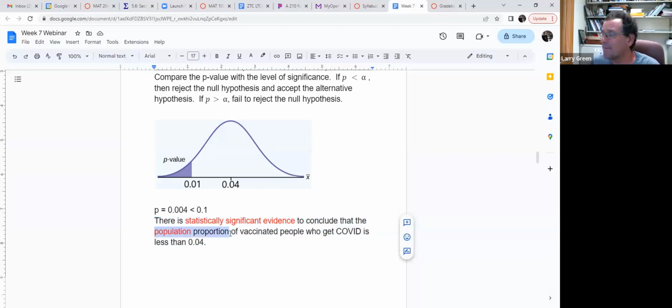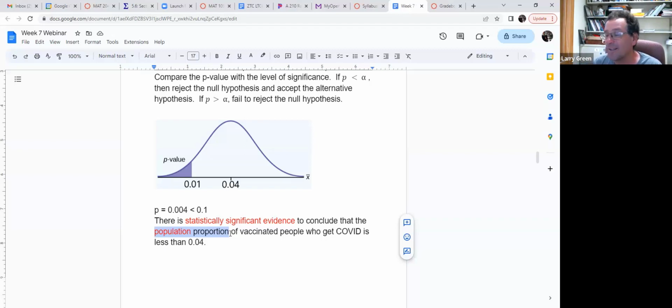By the way, just like for confidence intervals, if you don't specifically say that you're talking about the population proportion, you could say the percent of all Americans, or all people, in this case all adults is what they're looking at. But if you don't use the word all or population, then I take off points.